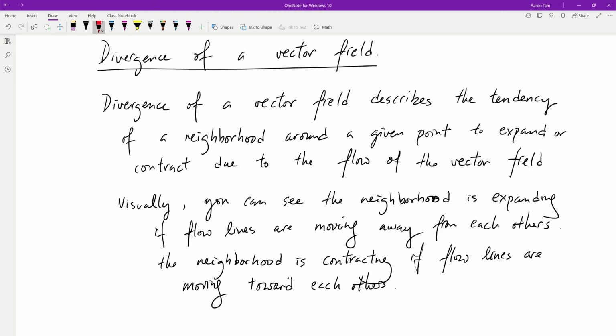So when they are expanding, they're moving away from each other, and that's what we refer to as they diverge. They diverge from each other. And when the neighborhood is contracting so that they move toward each other, we'll say that the flow lines converge. They converge to each other.